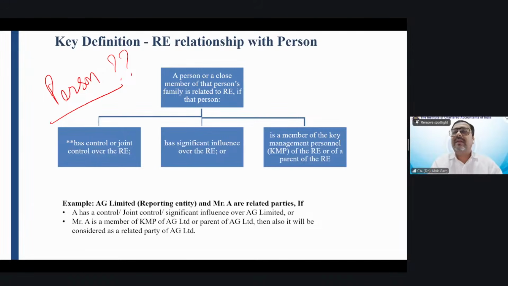Friends, you know, in our accounting standard, what was the word? The word was relative. What is the word which is used in Ind AS 24? Close member of that person's family.